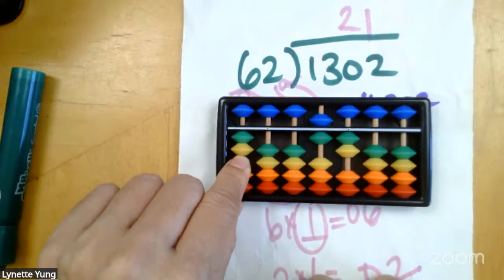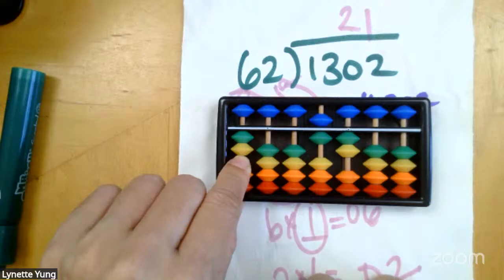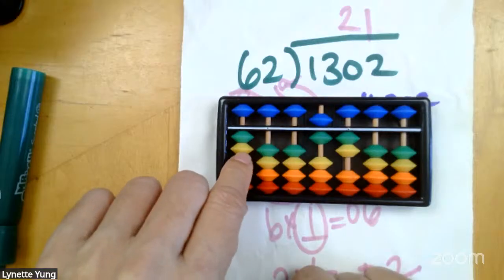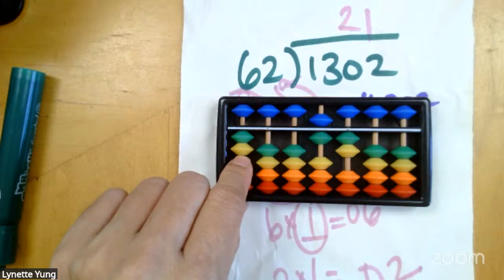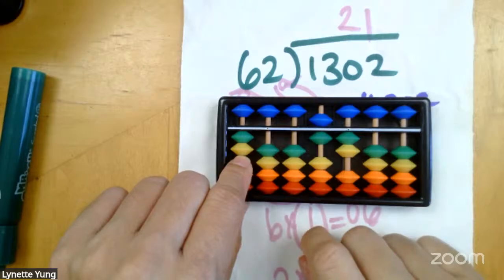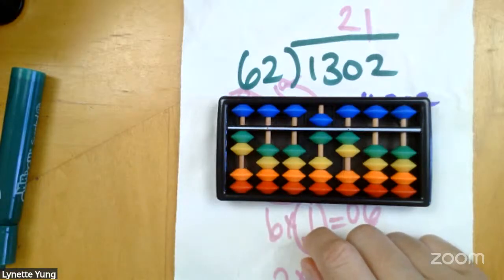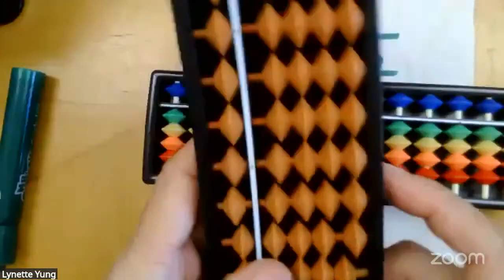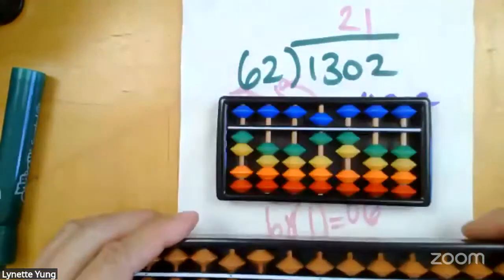You're still doing only 2 columns at any given time. Even on the bigger abacus, it's still only 2 columns.